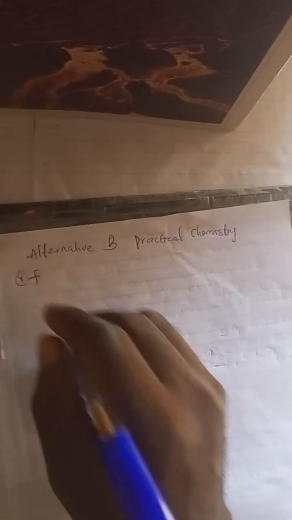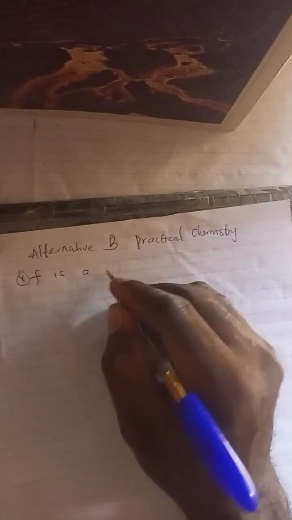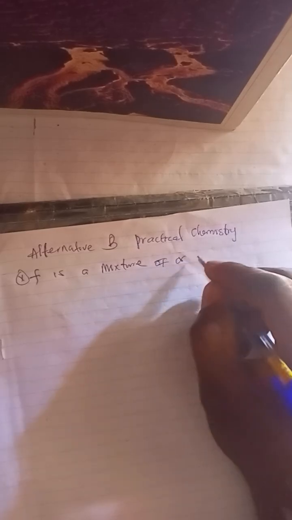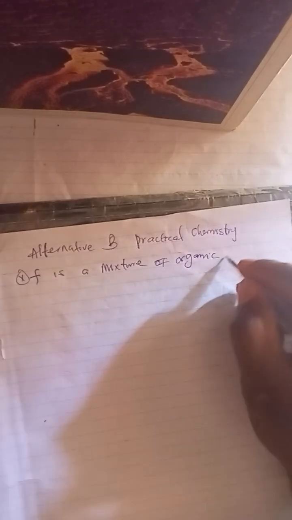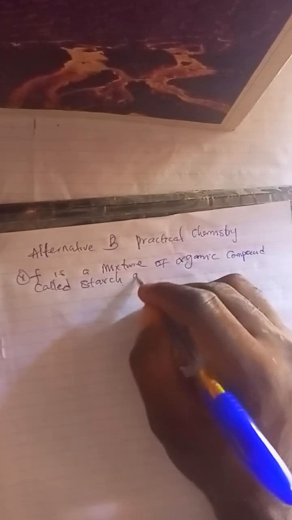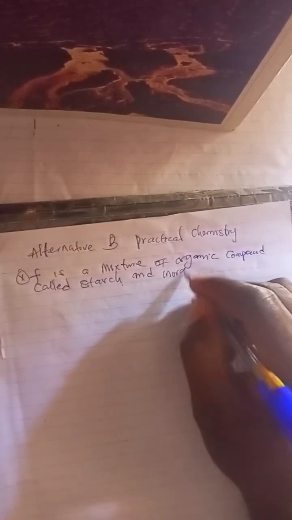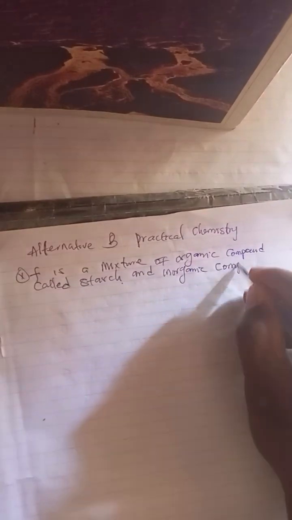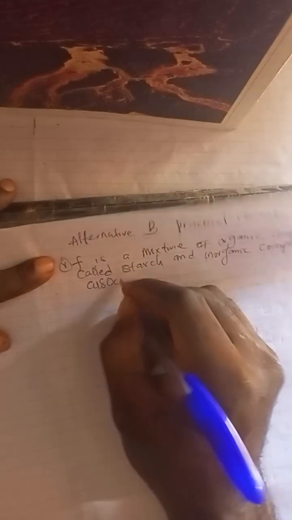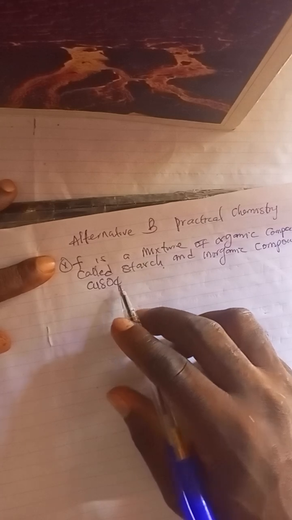F is a mixture of organic compound called starch, and inorganic compound called copper sulfate, or you call it copper tetrasulfate 6 sulfate.